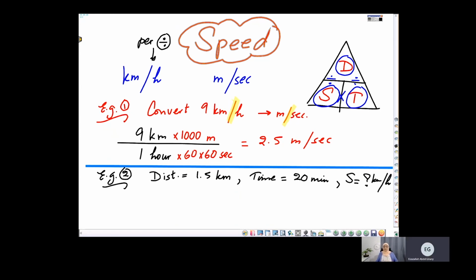So the distance is already in kilometer, but the time is not in hour. The time is in minute. So I need to make the same thing for numerator and denominator.